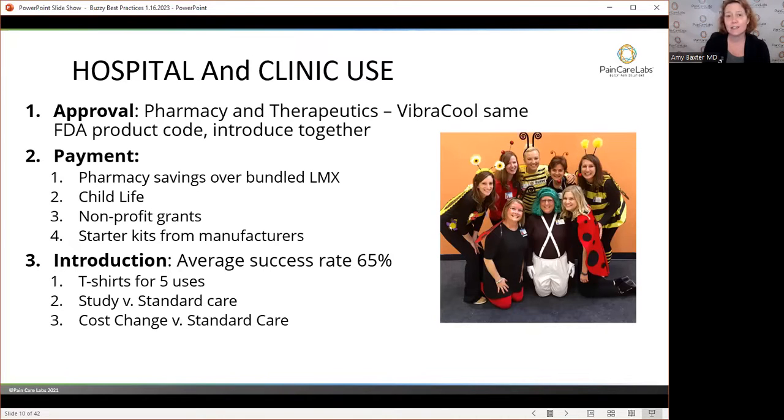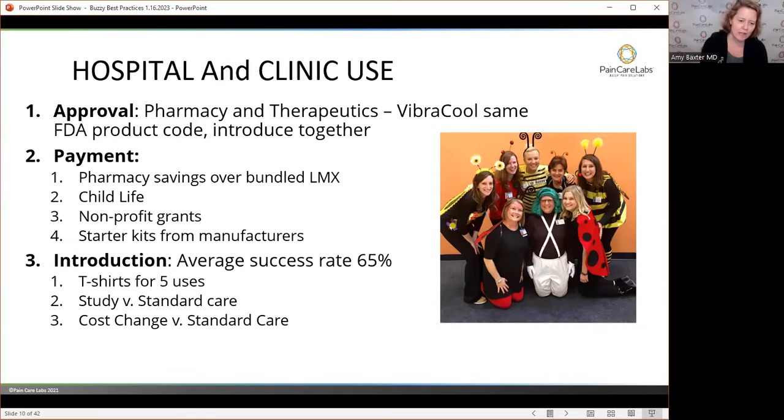It is not indicated for IV access. They never went for it. There's not a single study looking at Elomax and IV access. So because of that, it's bundled, and many hospitals save money by using Buzzy instead of Elomax, both for time and to not pay for that.